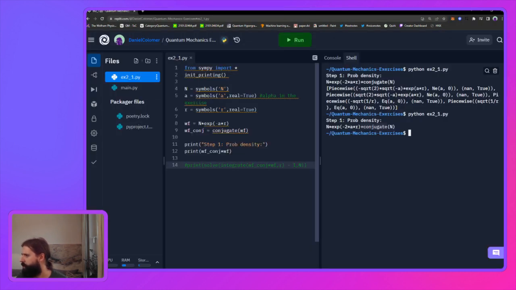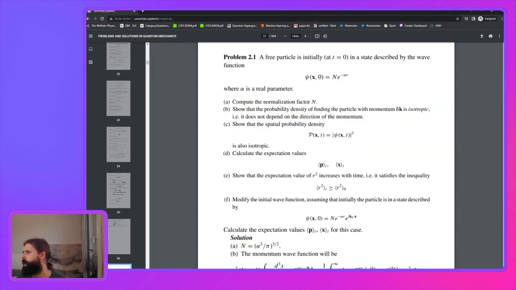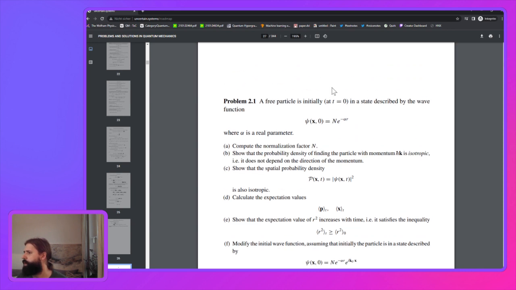But why times conjugate n? Yeah, of course. Okay, because n, we don't know. We don't know if n, that's the thing, right? I mean, n can be complex, right?